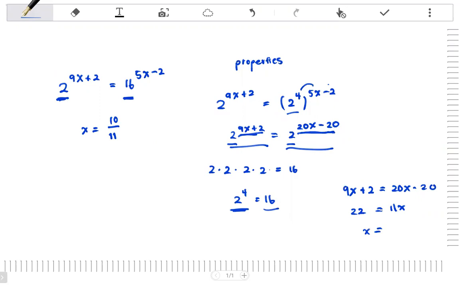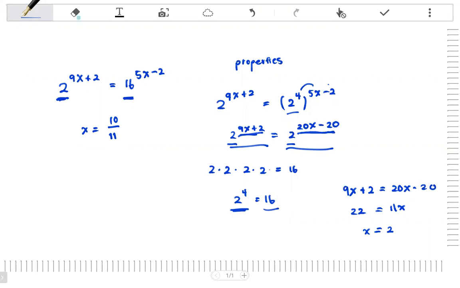So if you divide 11 on both sides, it comes to... isn't it 20x minus 8? Oh, is it 8? 20x minus 8? Did I write the question wrong? Isn't this a 9x? Wait, or for 2, the 2 and then to the power of 20x minus 20.